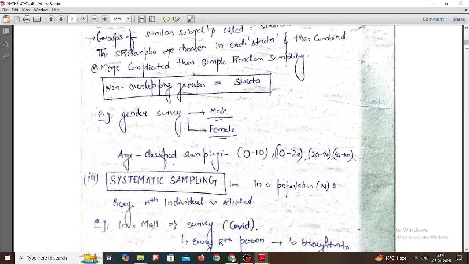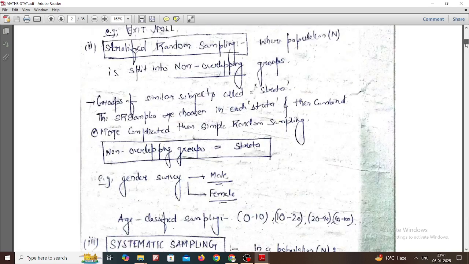So I have classified the boys and girls, a gender classification has been done. And this type of strata has been laid so that in case of stratified random sampling, we arrive at more conclusive evidence of statistics.